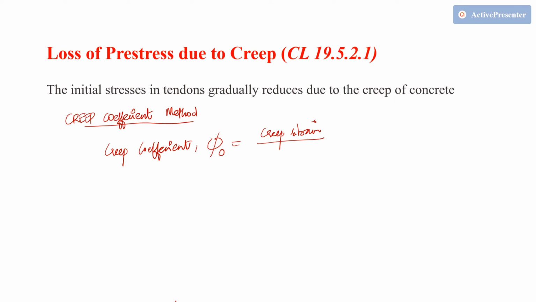that is, the strain due to creep, divided by elastic strain, that is, the normal strain due to elastic shortening. I can represent it as epsilon c divided by epsilon e. From here I can write epsilon c, the creep strain, is equal to creep coefficient phi naught into epsilon e.